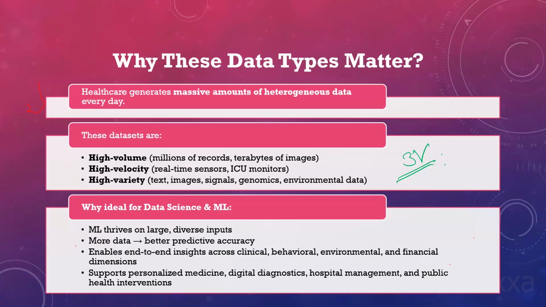These three things are involved in healthcare datasets, and this leads to a positive outcome for setting up your data science or AI pipelines in the healthcare domain, because machine learning depends on large and diverse inputs. More data naturally leads to better prediction accuracy.